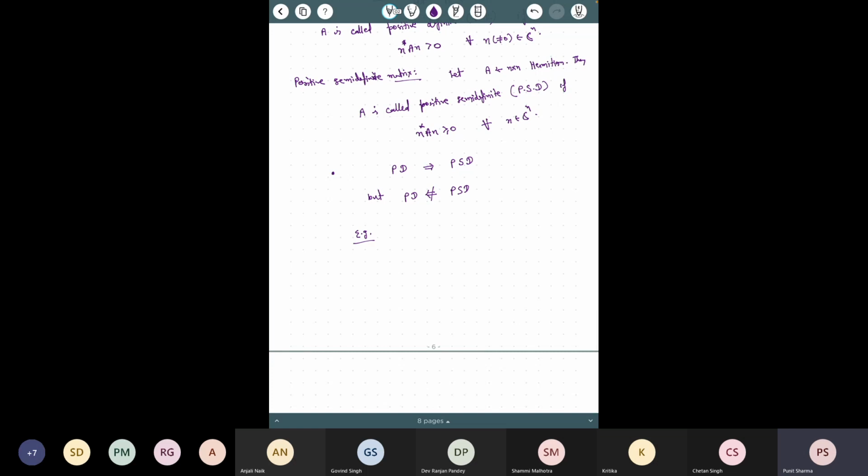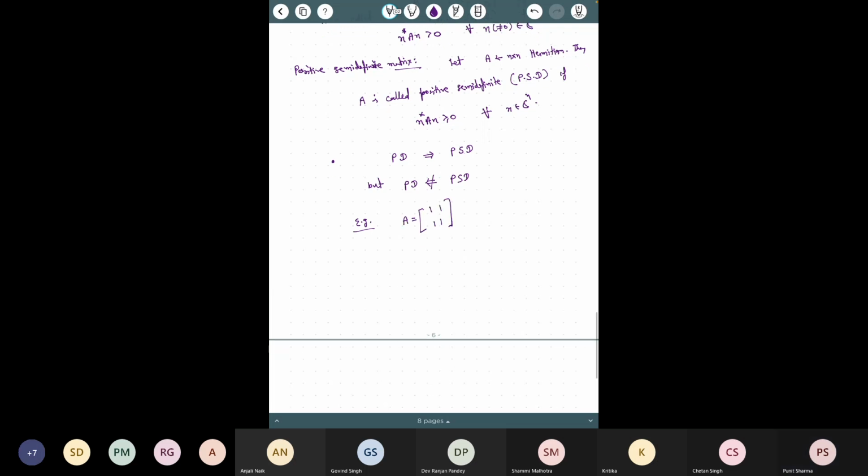When you see several properties of definite and semi-definite matrices, you will immediately give me as many examples as you want for PD and PSD matrices. But for the time being, so far we only know the definitions. So let us take A with all entries equal to 1.